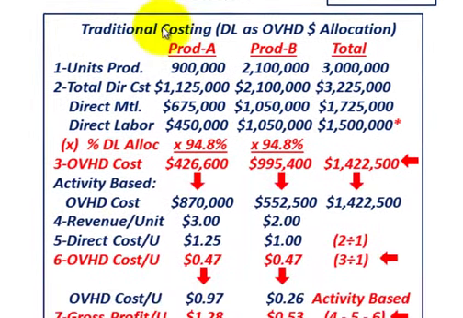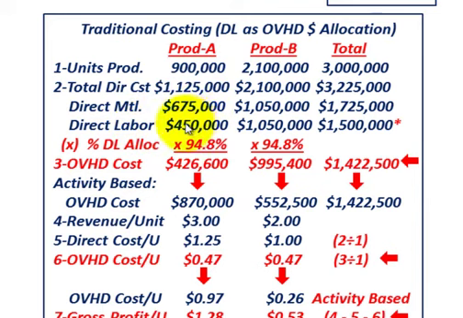So looking at our traditional costing using direct labor as our overhead allocation here, remember that only direct labor alone is used here. We don't use those 5 different costing pools that we looked at as we did in ABC costing. So just looking at, not going through all the numbers here for product A and product B, what you want to look at is our overhead cost allocation here, and that's based on our direct labor.